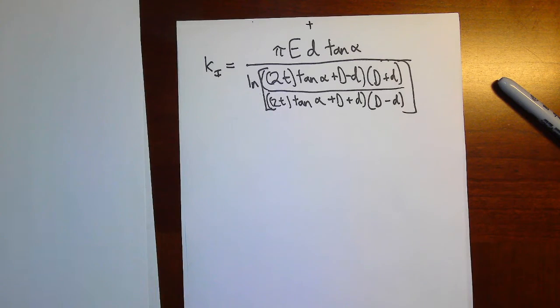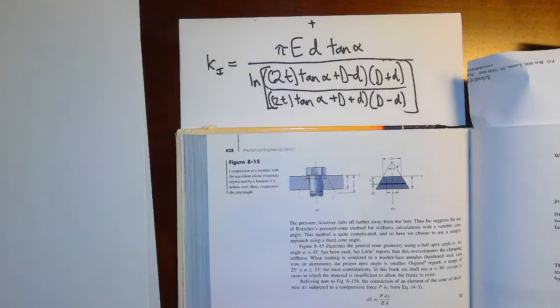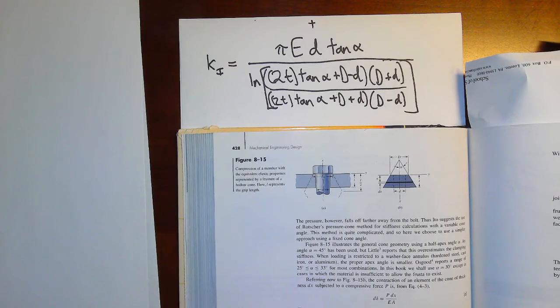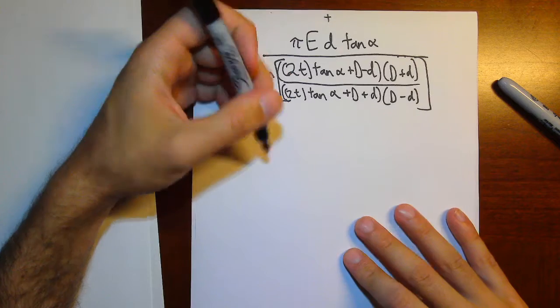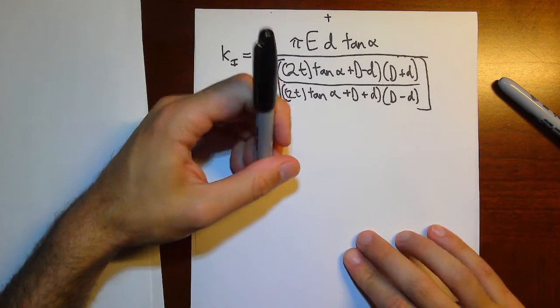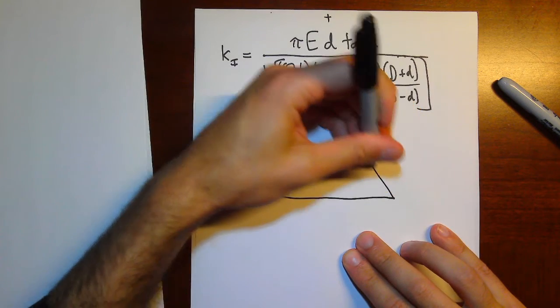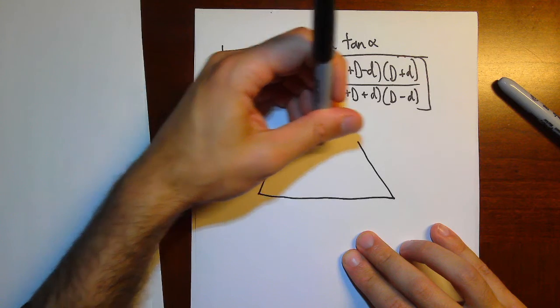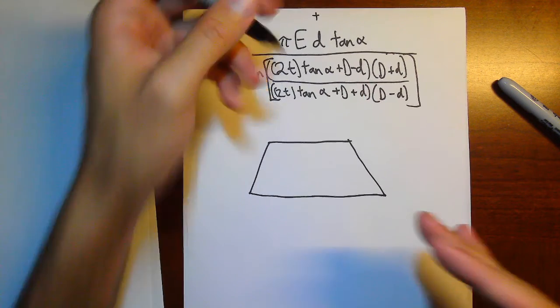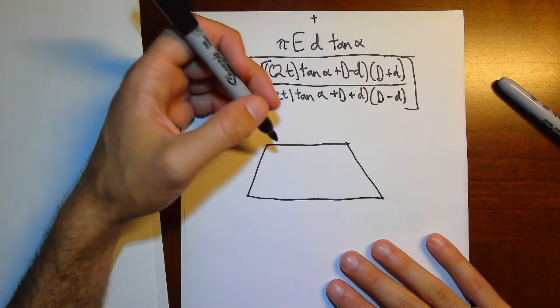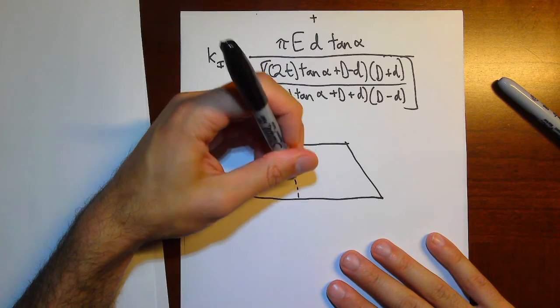If you look in the textbook, right here on page 428, figure 8.15, we draw the figure here. When I'm looking at my frustum, generally the frustum looks like that. So this is the stress distribution. It's kind of the cone that I've chopped out of my grip, if you will.